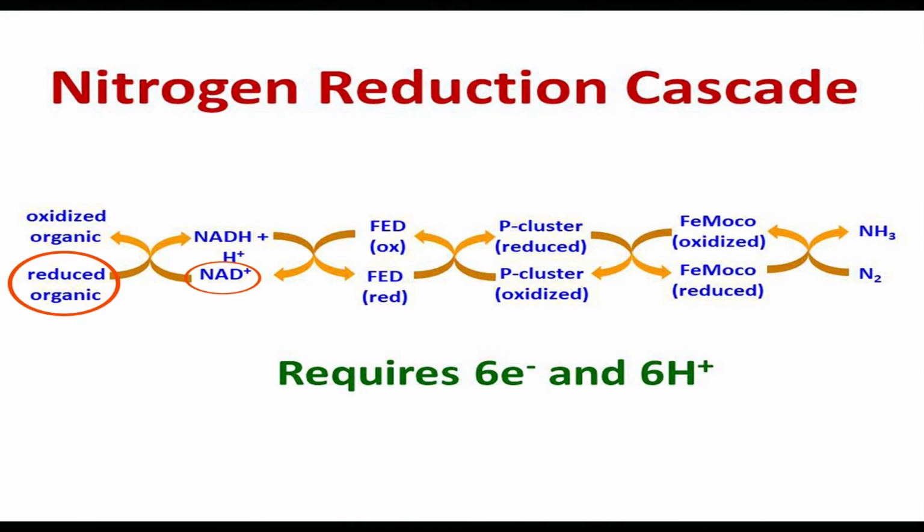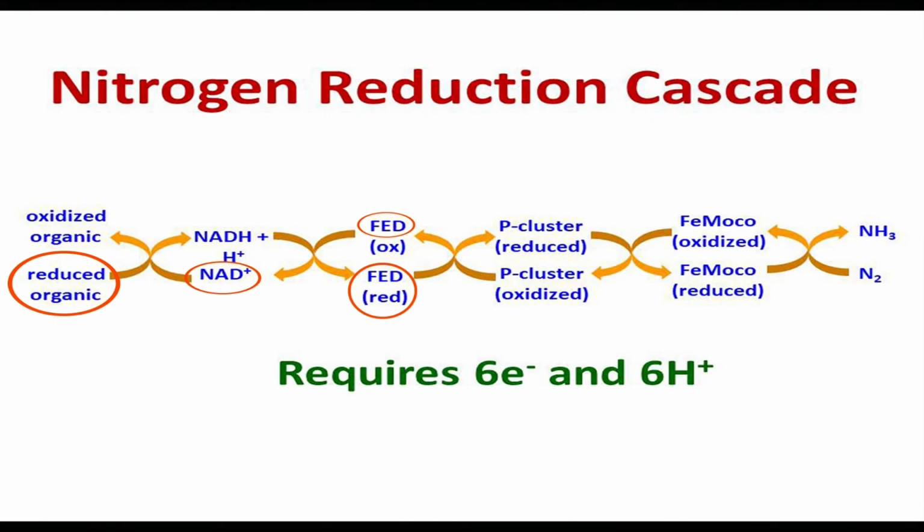Now, this NADH, reduced in this way, then gives the electron to ferredoxin, and this ferredoxin gets reduced, and at the same time NADH is oxidized to NAD plus, which then again starts taking electrons from the reduced organic like this.